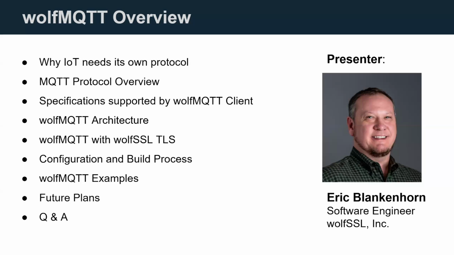That leads us to talk about the many rich client examples available alongside the core library. Next, we can look at last year's releases and some of the ideas we have for the roadmap of wolfMQTT. And lastly, we'll answer any questions that you might have about the protocol or wolfMQTT specifically.